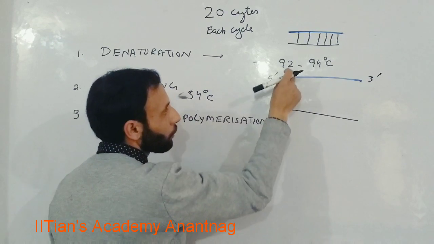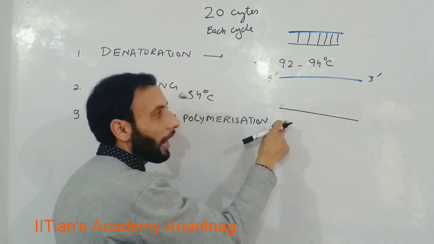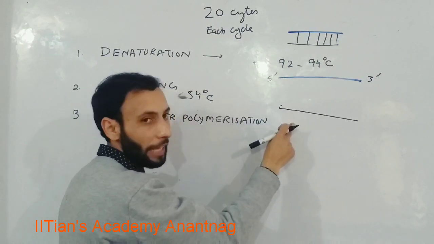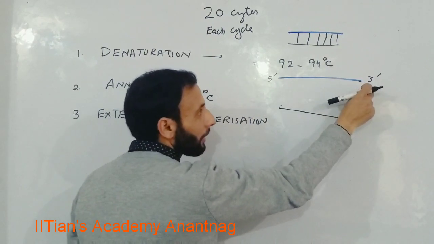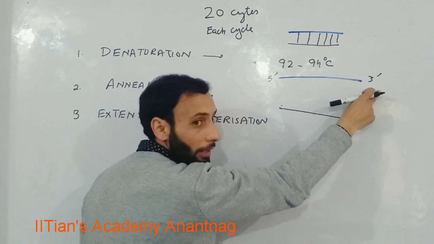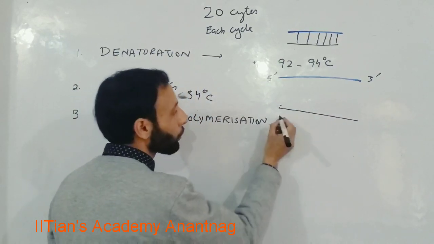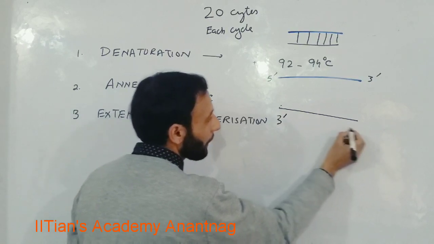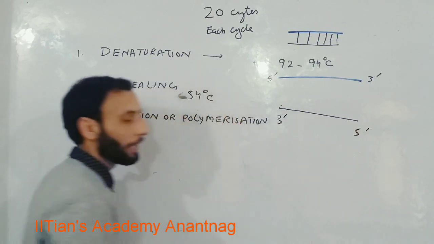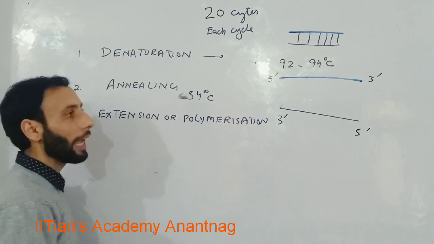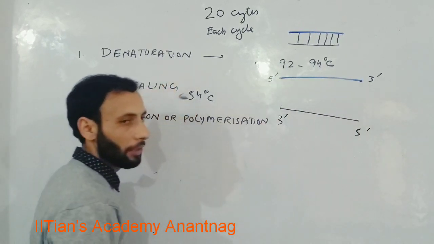We know that the two strands of DNA are complementary, but they run in opposite directions. One of the strands runs in 5' to 3' direction, and its complementary strand runs in opposite orientation, that is from 3' to 5'. Primers add only at the 3' end.